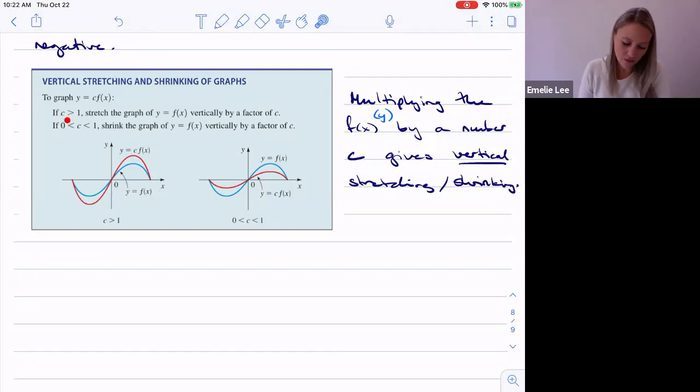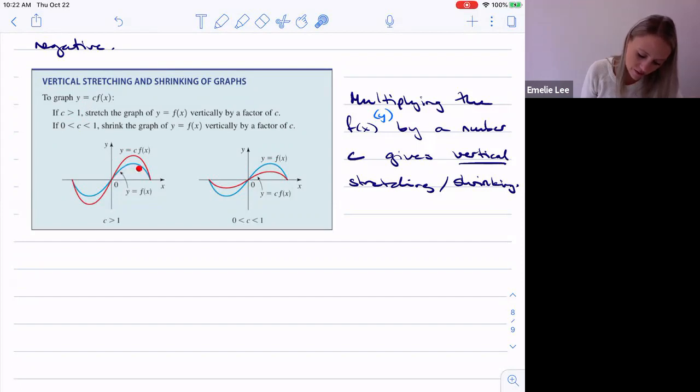The key is if c is greater than 1, so if this number that you're multiplying the function by is greater than 1, then it's going to expand your y values, right?